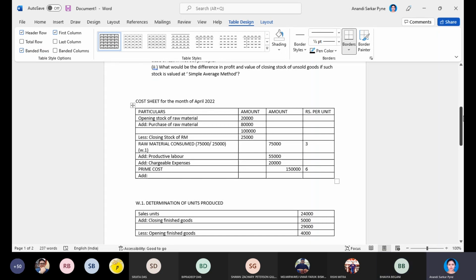Any expenses directly related to production, factory related expenses, are direct. Chargeable expenses are incurred to manufacture the product. That's why.